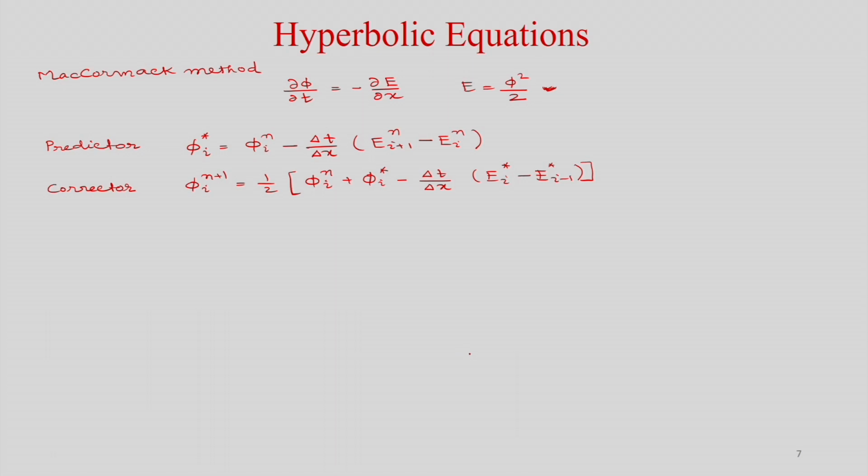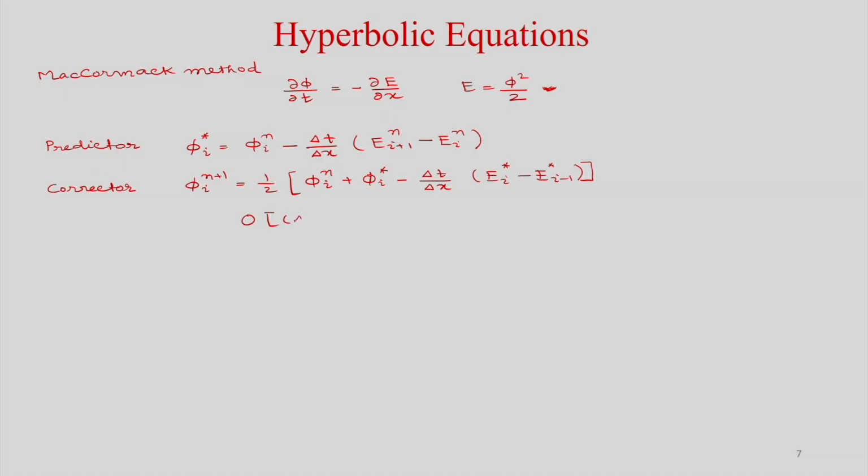Okay. So, obviously, the order of accuracy is second order in both time and space. So, order of accuracy is del t square, del x square, and it is conditionally stable, and it is del t by del x, phi max should be less than or equal to 1.